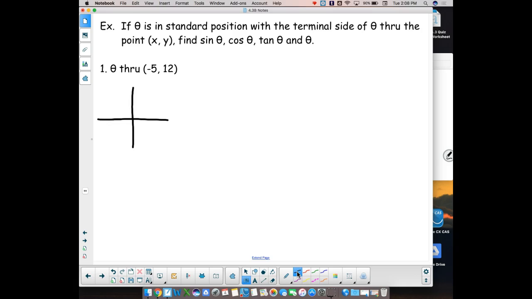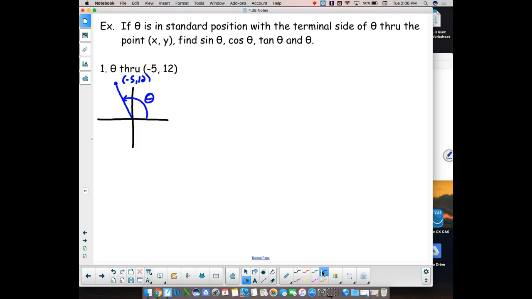All right. I go through the point negative 5, 12. So theta is in standard position with the terminal side of theta through this point. So my point is going through negative 5, 12, which is up here. So here is my theta.